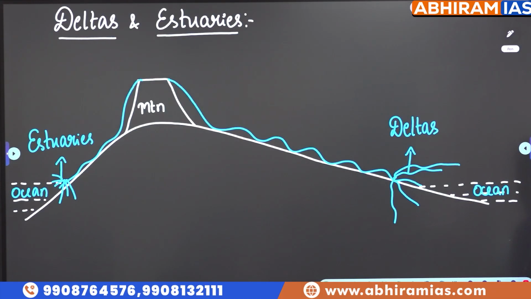Example, east flowing rivers will form deltas, and west flowing will form estuaries.